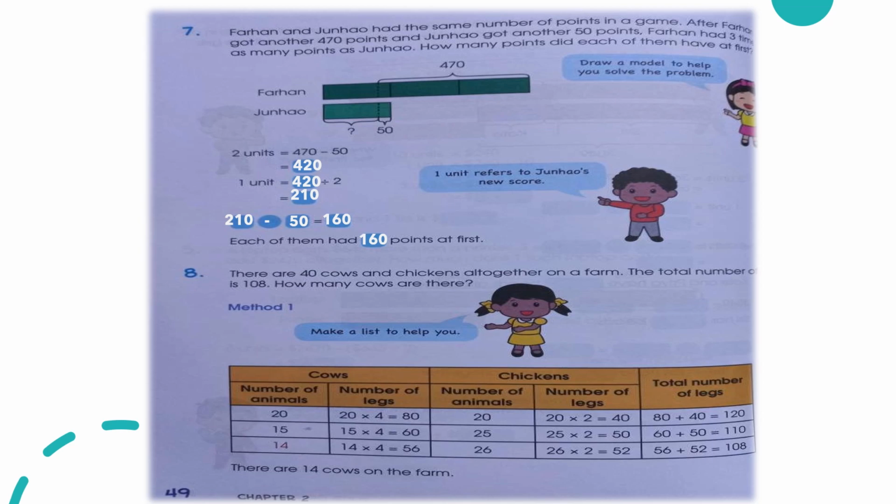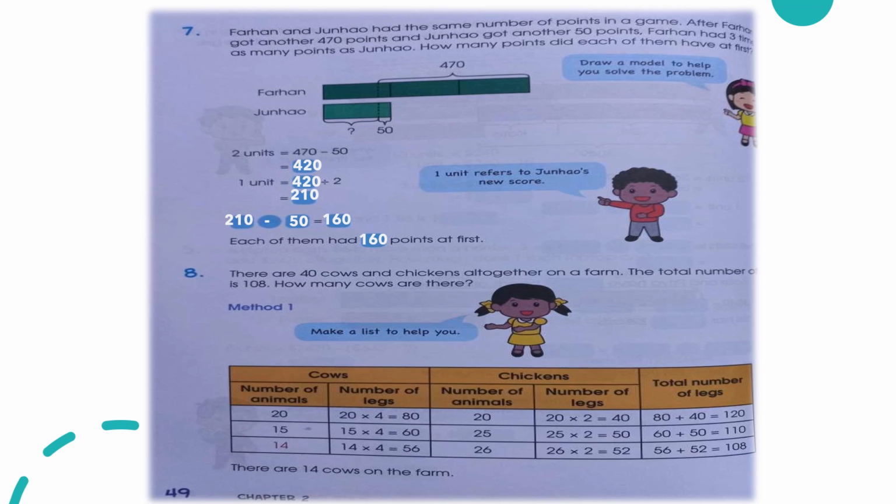But this 210 includes the 50 additional points that Junhao has got. So in order to find the actual value, we are going to subtract 50 from 210, and the result is 160, which is basically the actual points each of them had at first.